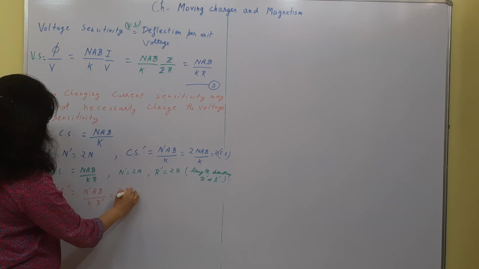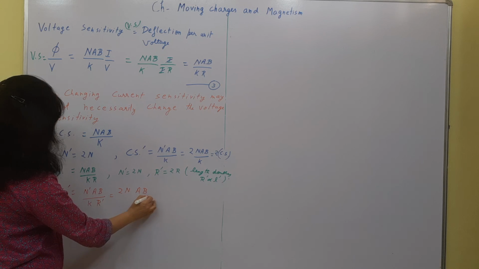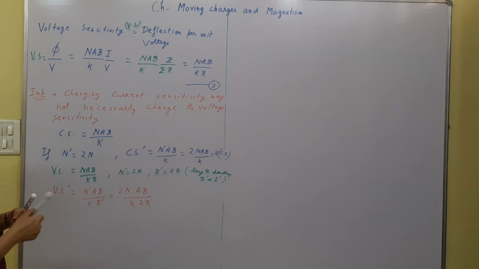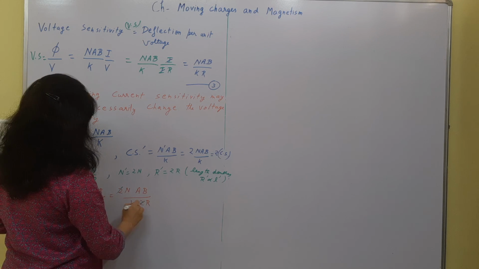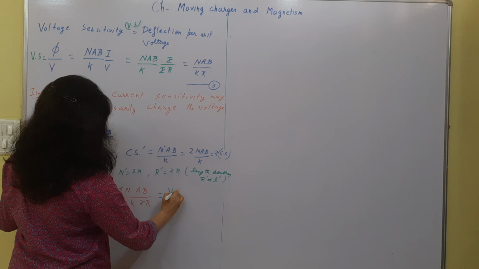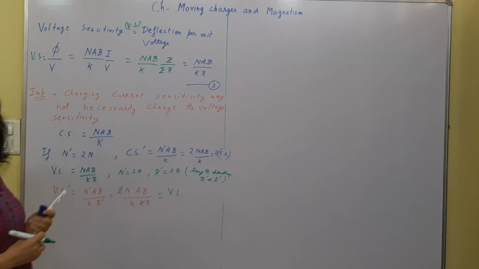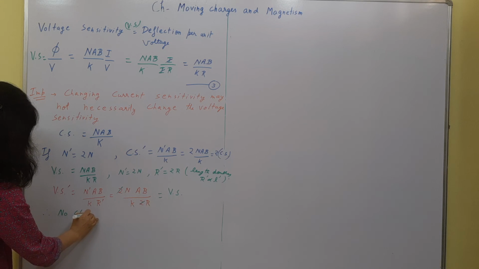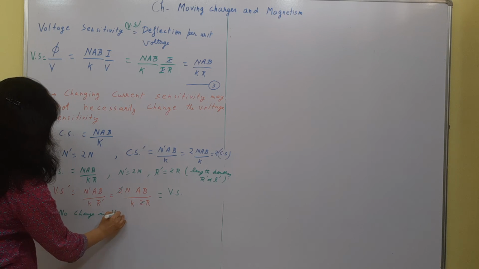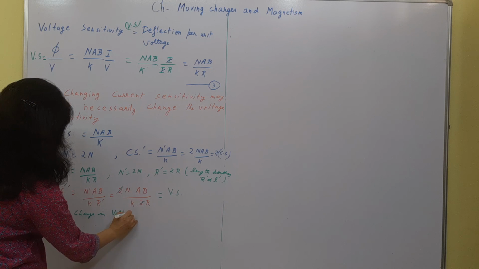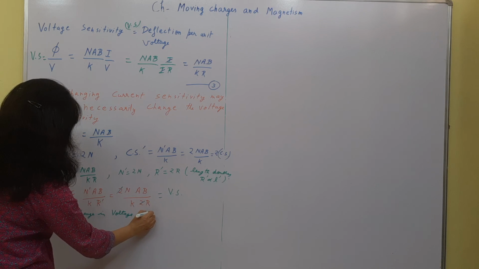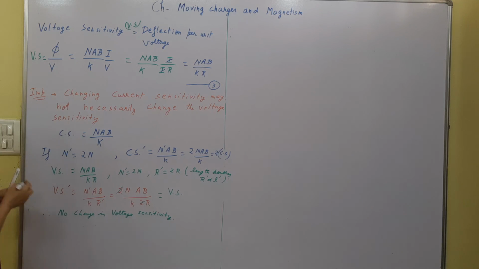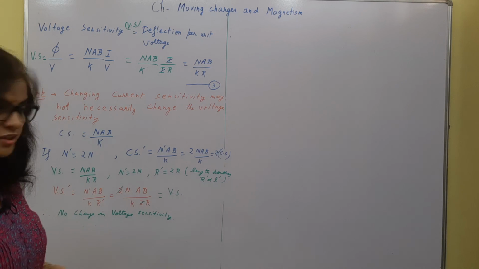So this can be written 2NAB upon K, 2 times of R, right? So this will be cancelled, and this is same as the original voltage sensitivity. So therefore there is no change in voltage sensitivity if we change the current sensitivity by changing the number of turns, right?